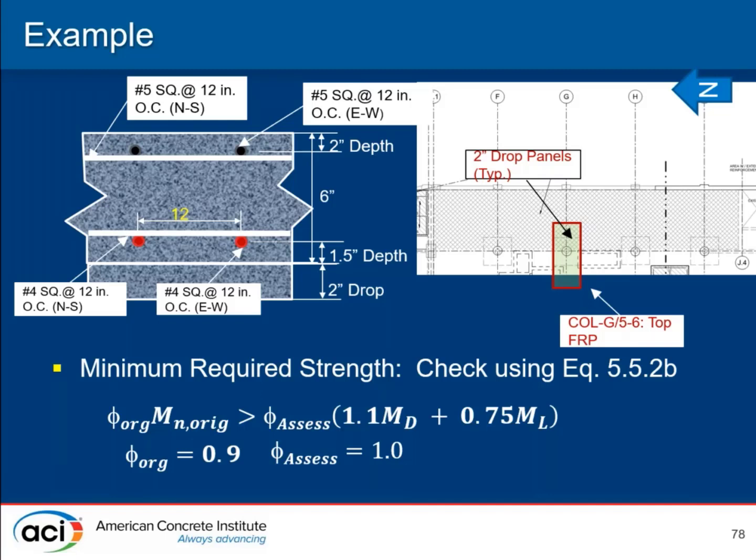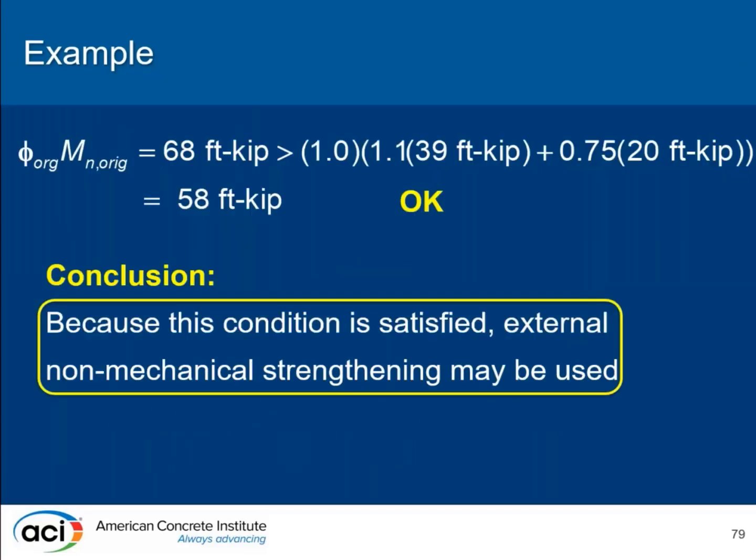We want to check the minimum required strength. In this case, the product of the original resistance factor and the original moment capacity without considering the additional bonded reinforcement is 68 foot kips. And we're going to be comparing that with 1.1 times the dead load plus 0.75 times the live load.